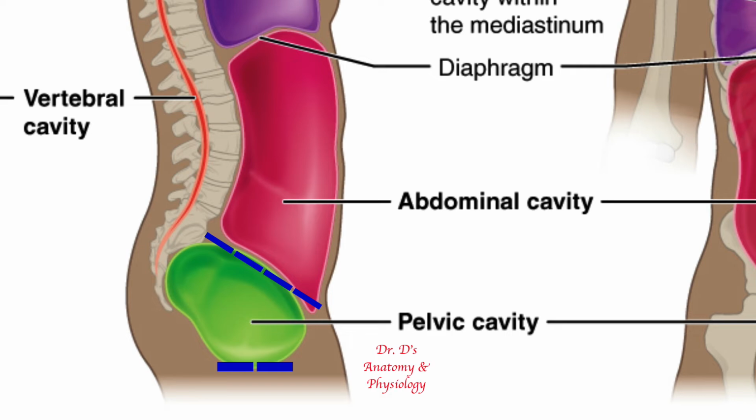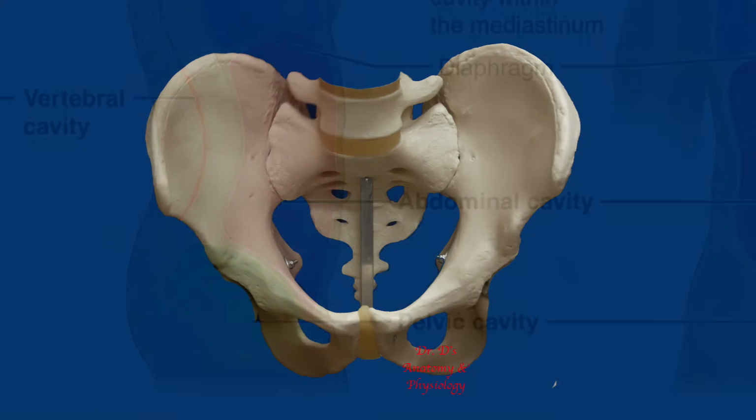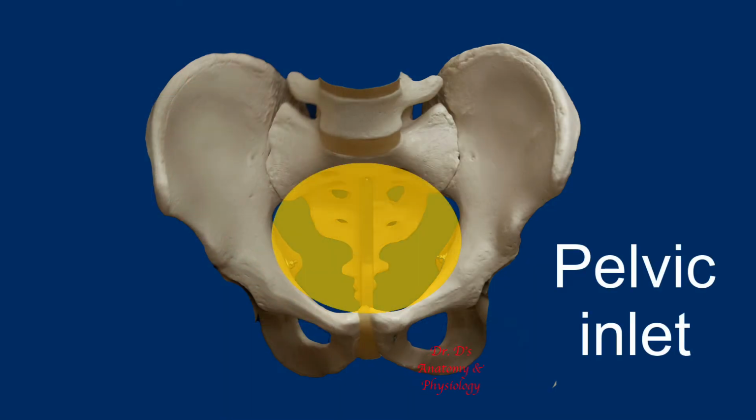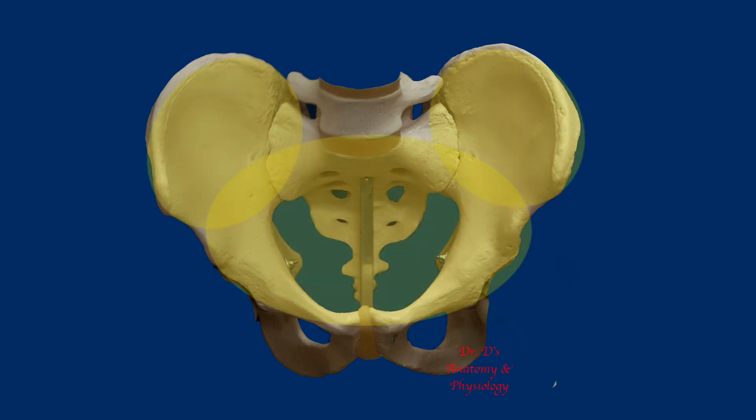What is in the pelvic cavity? The pelvic cavity contains a number of organs, including the rectum, the bladder, and some of the sex organs. If we return to the bony pelvis, here again is the pelvic inlet, bounded by the pelvic brim. Above this bowl, we have another container that is bounded by the walls formed by the hip bones on either side, and the fifth lumbar vertebra.